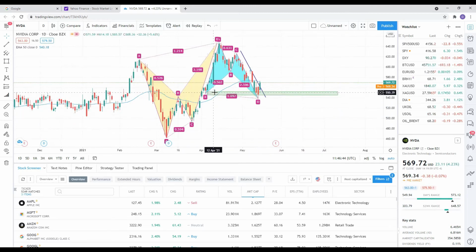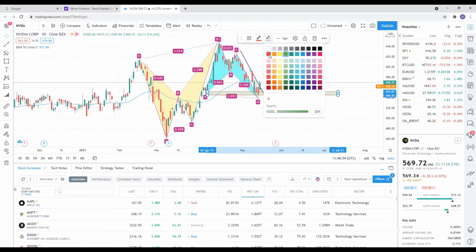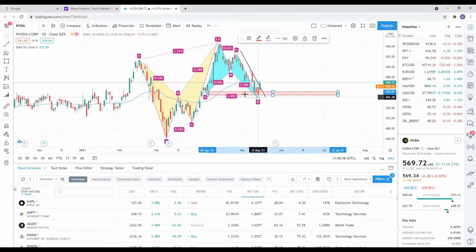I expect this is some area of support here. How do I know this is support? This is a low. This area here is some area of support.